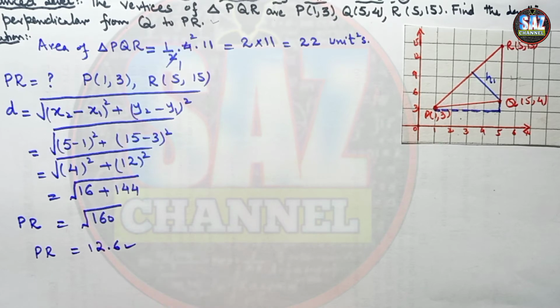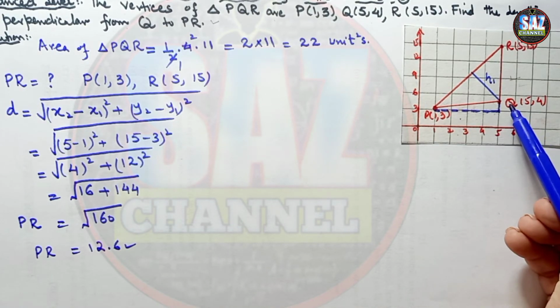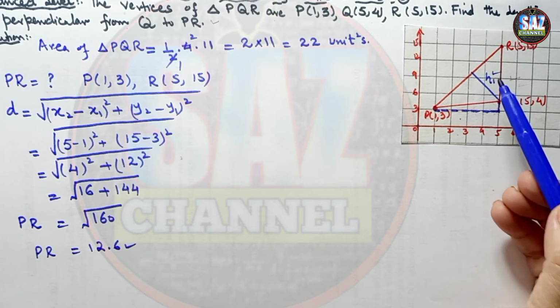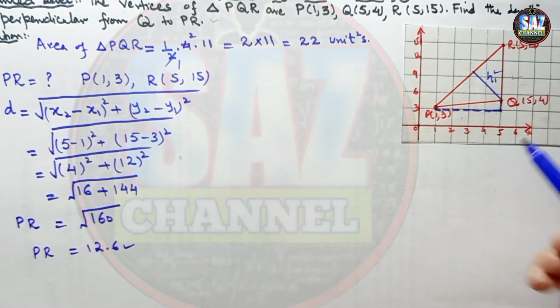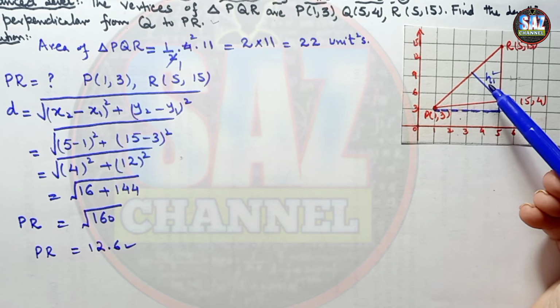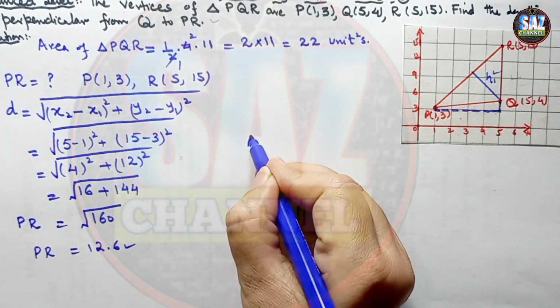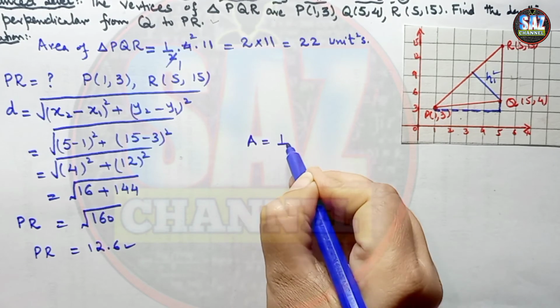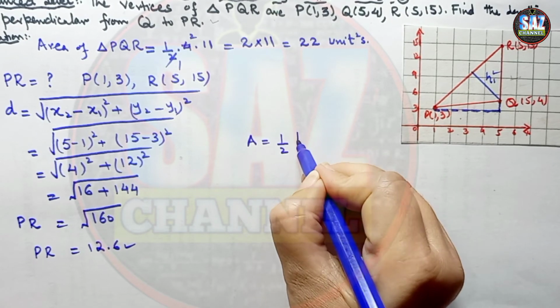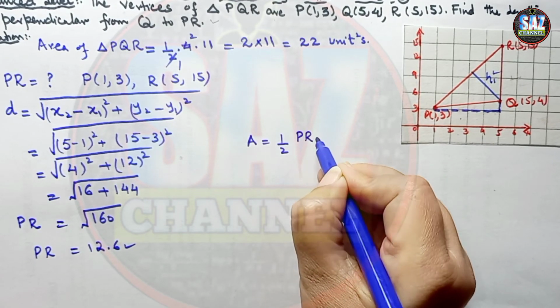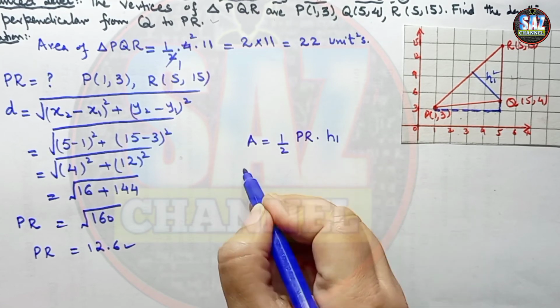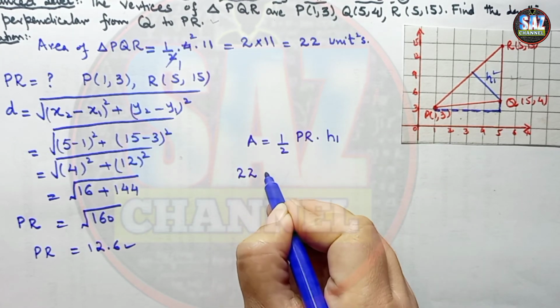Okay, now the actual requirement of the question, that is the length of perpendicular from Q to PR, let that be H1. As we know that due to the drop of this perpendicular, area will remain the same. So area equals half PR into H1, and area is 22 units square.